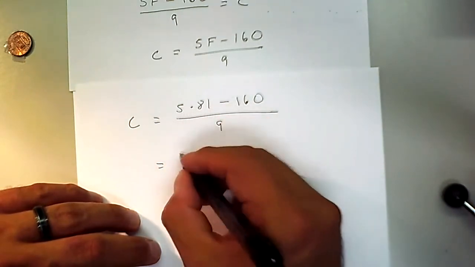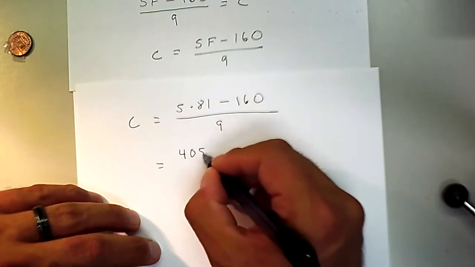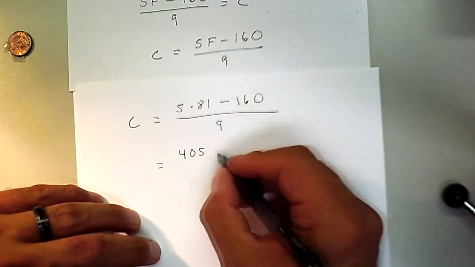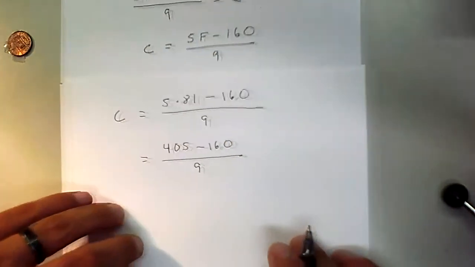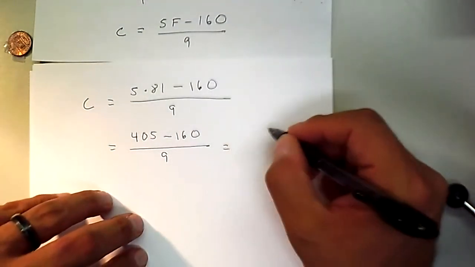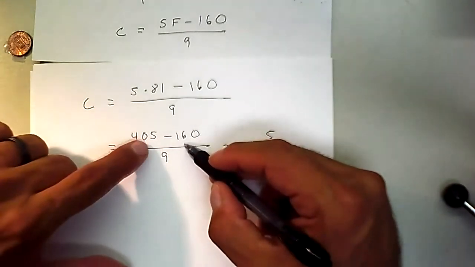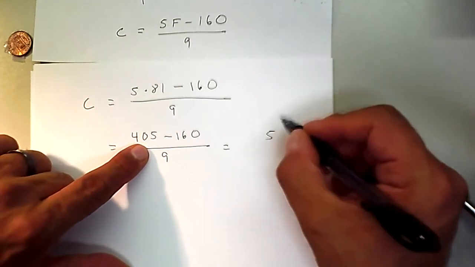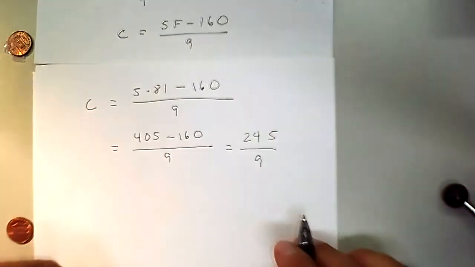So 405 minus 160. And then we have to divide by 9. So 40 minus 16 is 24.